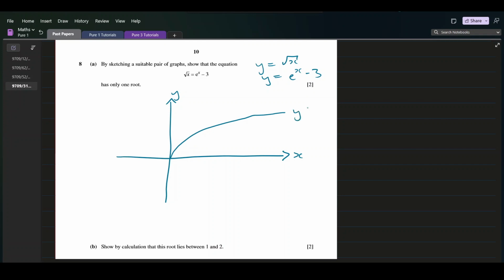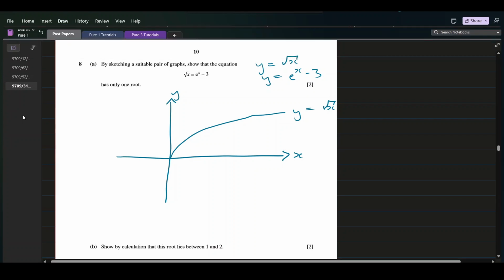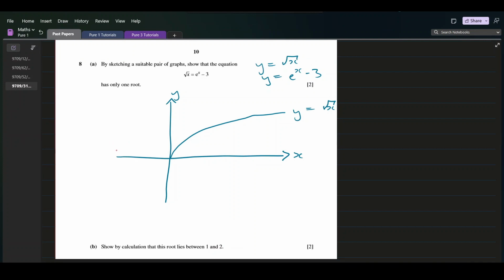This is y is equal to root x, and I'll use a different color to draw the graph of y is equal to e to the x minus 3. So this graph has been translated in the y direction by minus 3 units. So minus 3 is somewhere here.